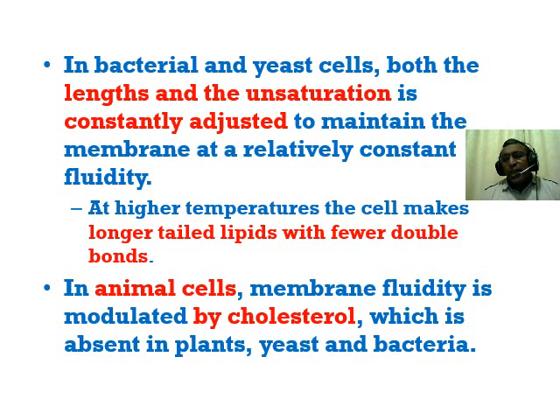So what happens to the cell membrane is when you increase the temperature, it will start to become more and more fluid, until it could even rupture the cell membrane, and therefore make the whole cell die.